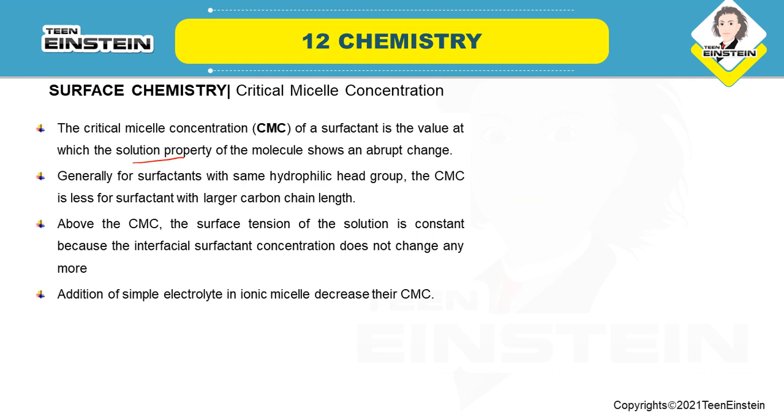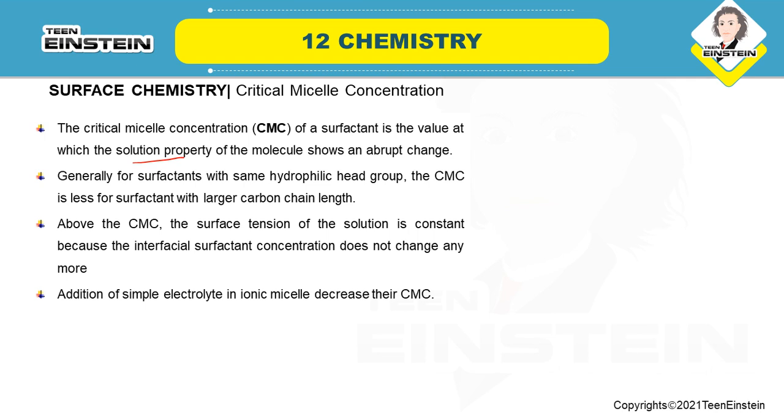So what is CMC? We have already seen in the last class, that is the concentration at which micelles will start forming. So there is a particular specific concentration of the surfactant. If the concentration is above that value, then only micelles will be formed. Fine, and that concentration is known as critical micelle concentration.